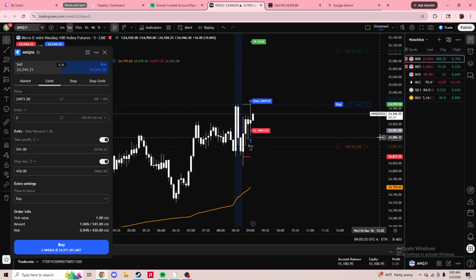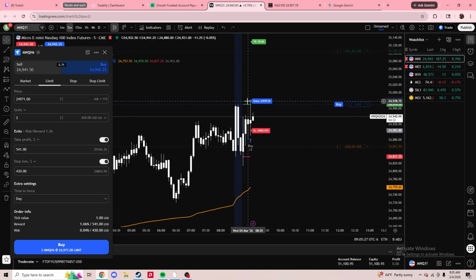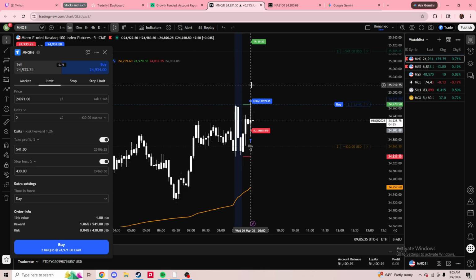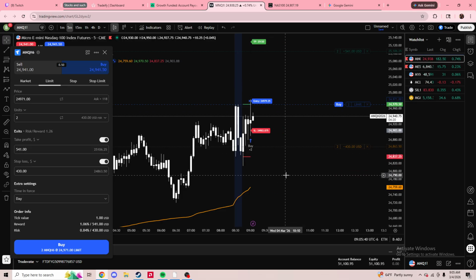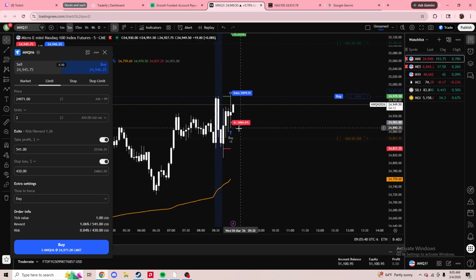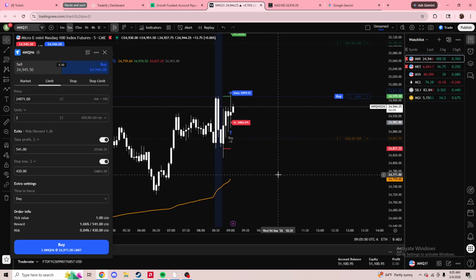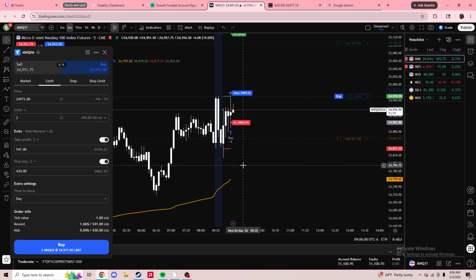What it would do is wait for the candle to close outside. So the candle could be up here, and at that point it's way too late to hop in the trade. So I set it so that it would enter before the candle closes, but the stop loss and the take profit happen after the candle closes. So that's why I came down, went past my stop loss, and it stayed in the trade basically, because it set the stop loss after it closed.